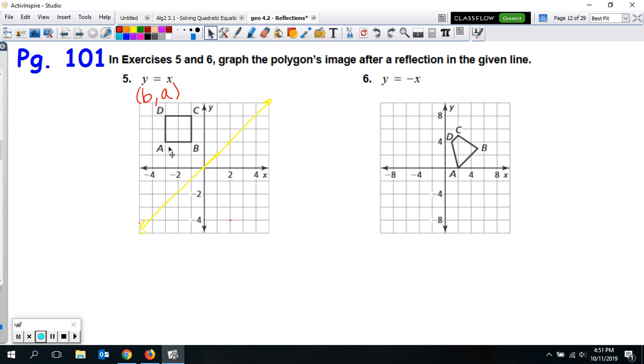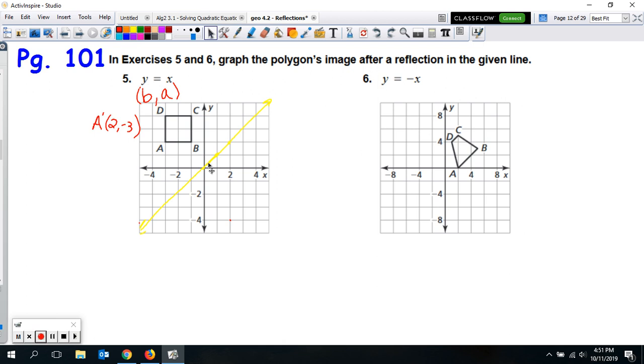So for A, where A is at is -3, so every box is worth 1 here, -3, +2. And so if we switch that, that's going to be 2, -3. So for A prime, that's what we want to write down, 2, -3. That's the point switching places. For B, it's -1 and +2. So you switch places, +2 and then -1.